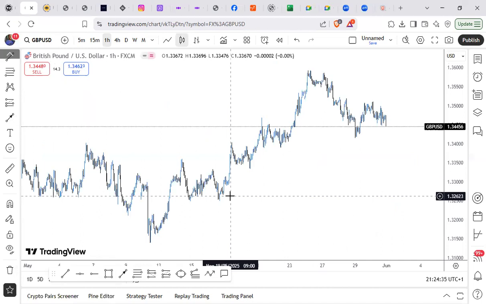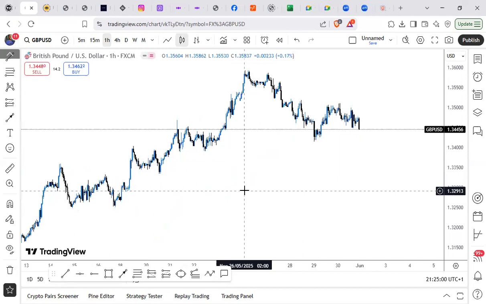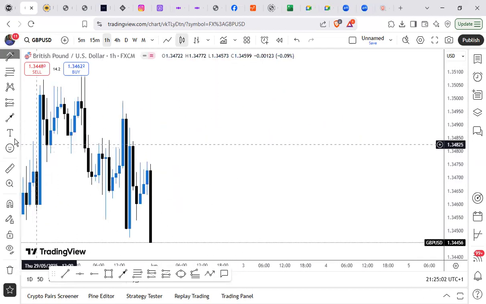The next one is, someone should remind me, what's the next one? Hammer. The hammer. Sorry, let me get you clearly. You mean the one with the small body and longer wick, that's the doji, that's indecision.